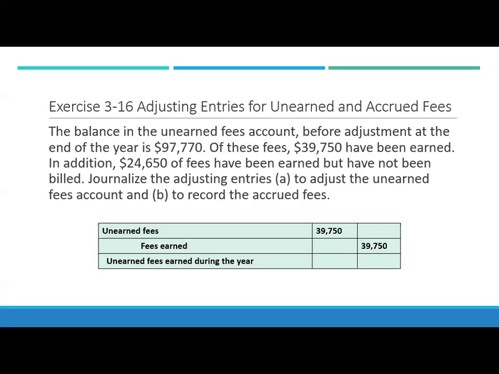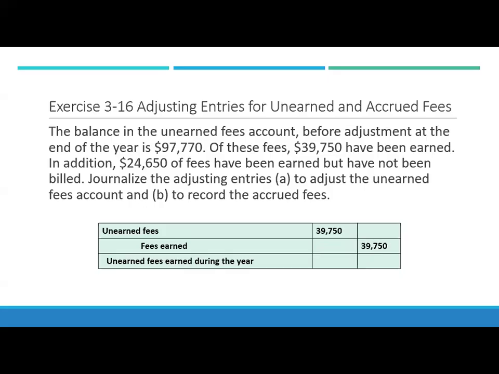Because it can be subjective, right? There's no cash being transferred. Not a lot of evidence of what has been accrued. A lot of times what the auditors will look at is the contracts and the billing records to figure out what has been accrued.